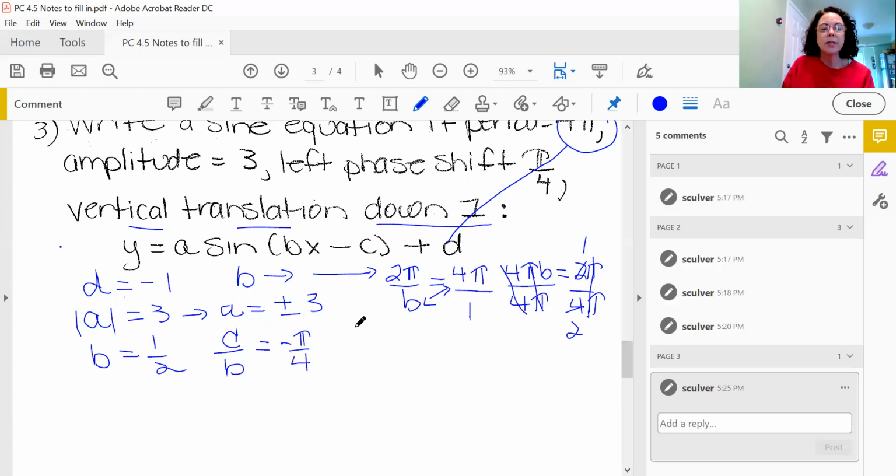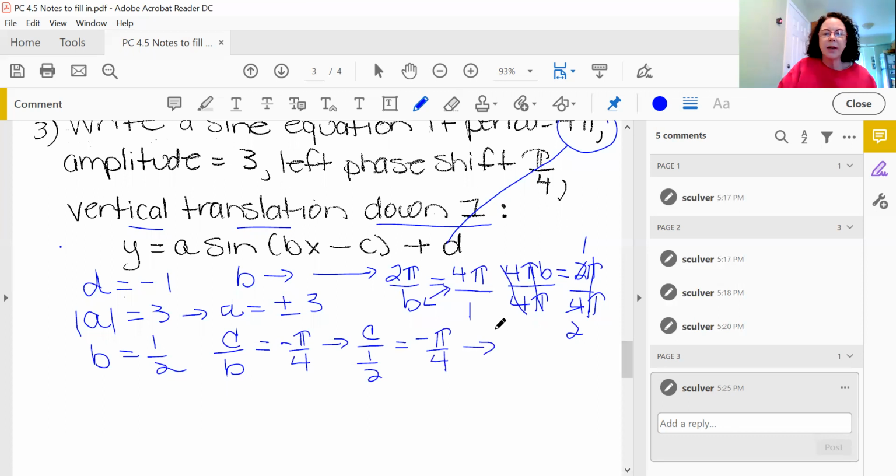So I'm going to use this to solve for C. I do have my B. So C over B, my B was 1/2, equals this phase shift, negative pi over 4. There are a couple of ways to go here. I could cross multiply again.